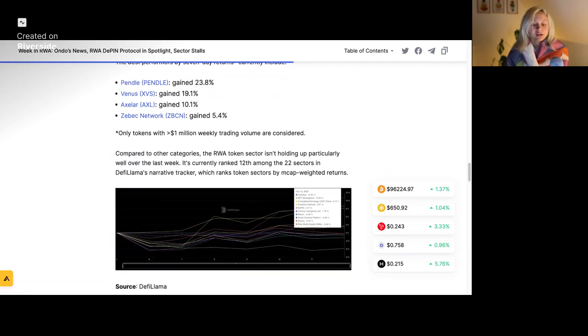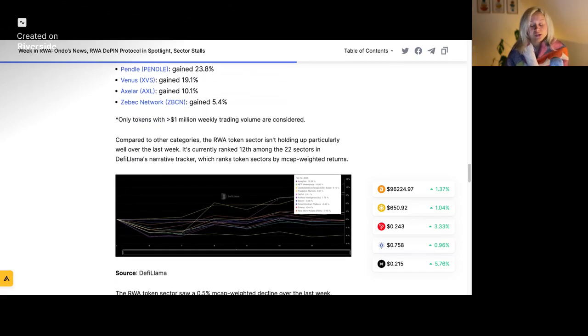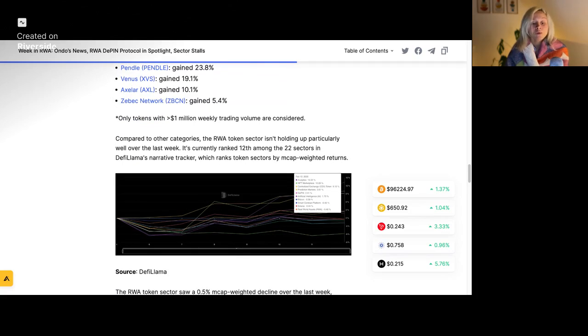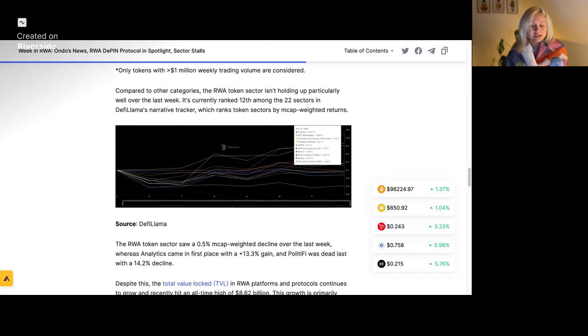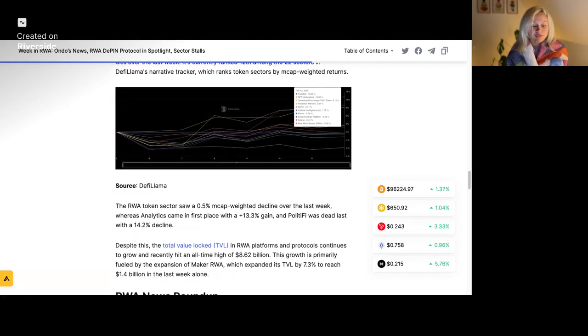Compared to the other categories, the RWA token sector isn't holding up particularly well over the last week. It's currently ranked 12th place among the 22 sectors in DeFi Llama's narrative tracker, which ranks token sectors by MCAP weighted returns. And here is the DeFi Llama screenshot data provided.